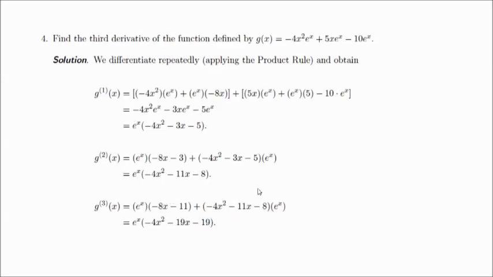Again, factorable. So factoring, i-factor out yung e raised to x. So magiging negative 4x squared, negative 8x minus 11x is negative 19x. And then negative 11 minus 8 is negative 19.